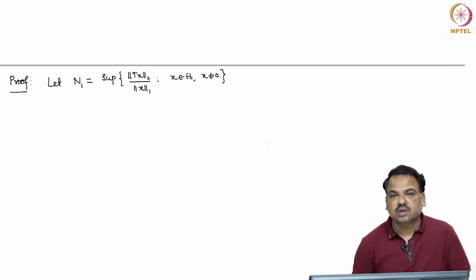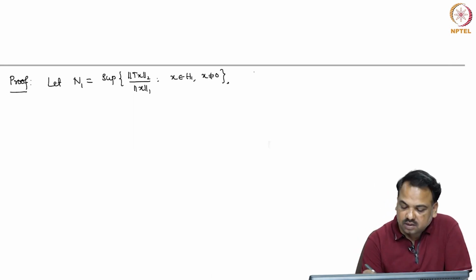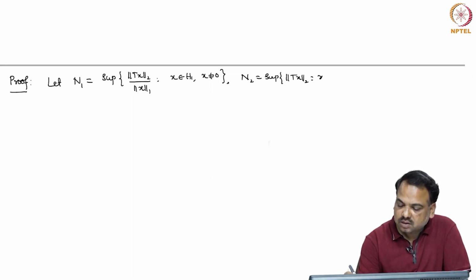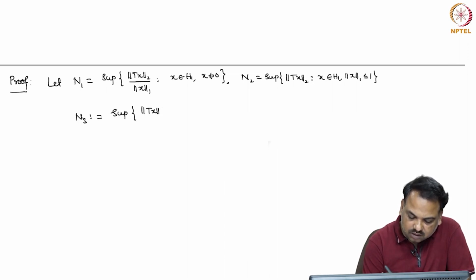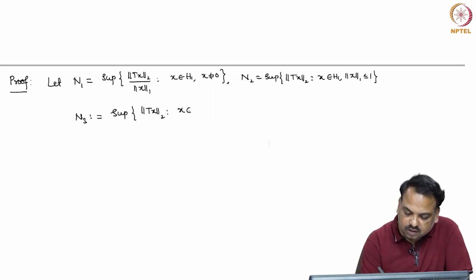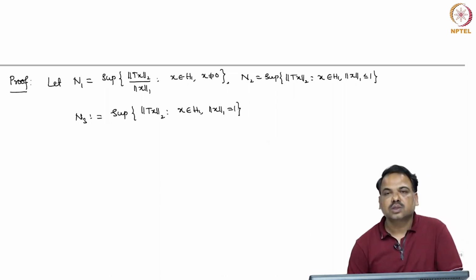This is exactly the definition of norm, and let us take n2 as the supremum of norm Tx, where x is coming from H1, norm x less than or equal to 1, and take n3 as the supremum of norm Tx, where x is in H1 with norm x equal to 1.